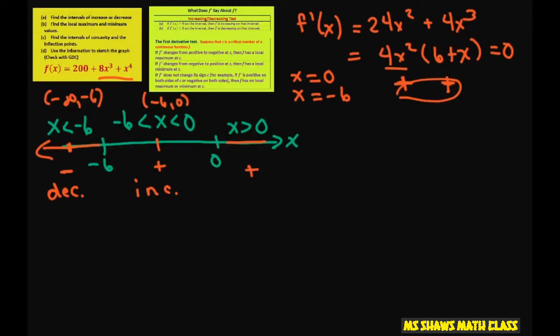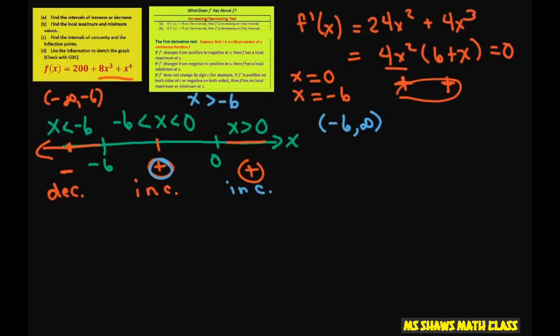So since both of these are positive, we can just say it's increasing with x is greater than negative 6, because both of these are increasing. Or you could say negative 6 to infinity. It's increasing.